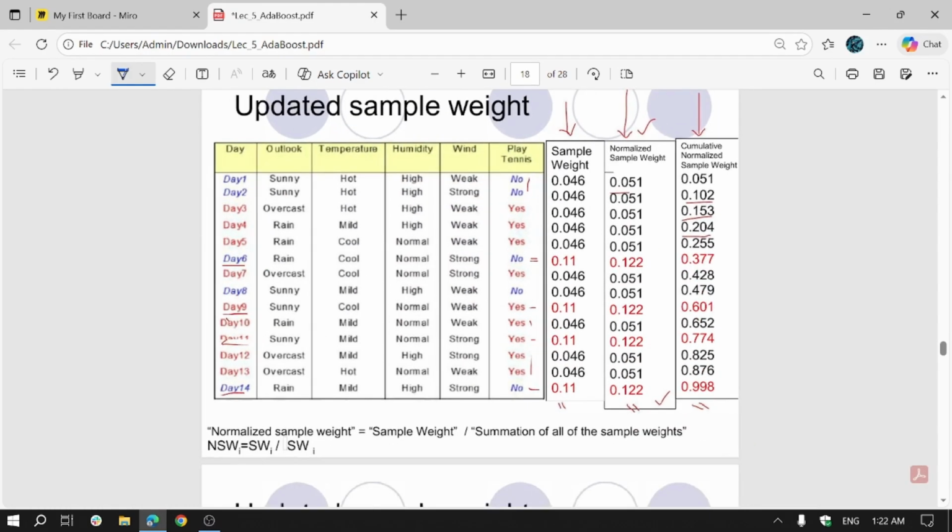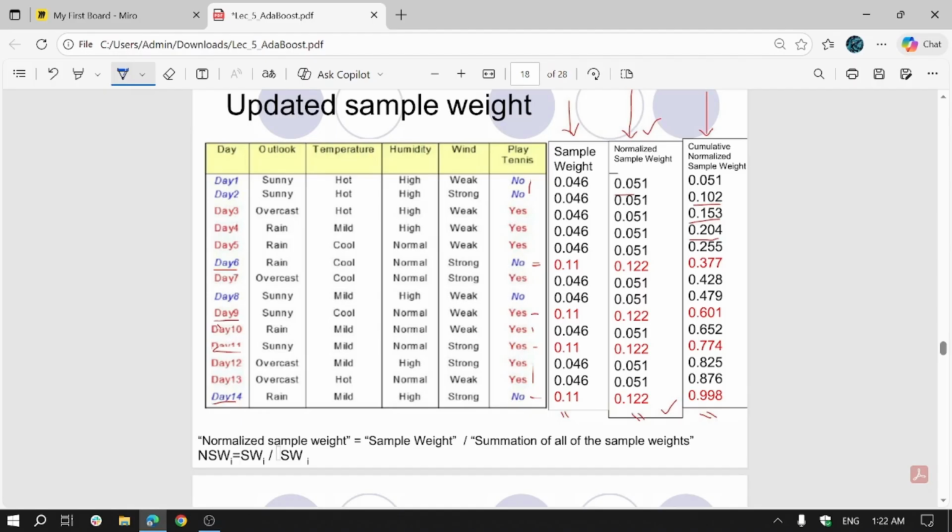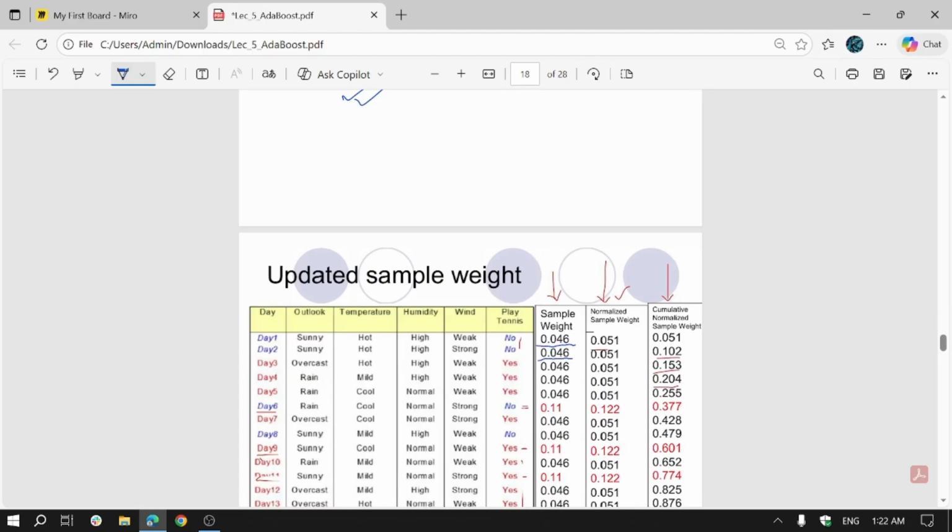So sample weight for correctly classified data, how can we find this out?